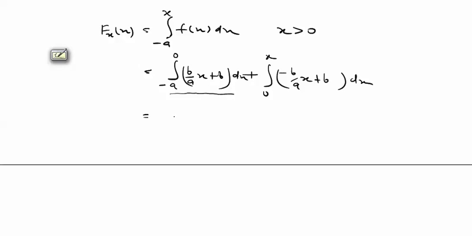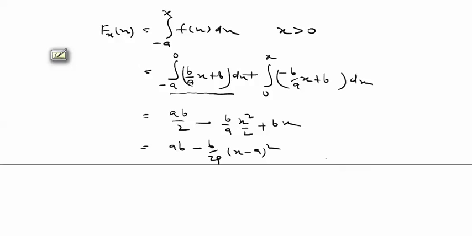By this calculation, we found ab by 2. For the second integration, the solution we find is b by a, x square by 2 plus bx. By rearranging and making it a parabola, minus (x minus a) whole square.